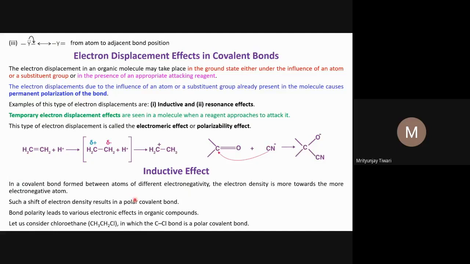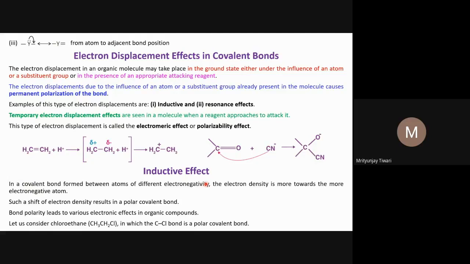In a covalent bond formed between atoms of different electronegativity, the electron density is shifted more towards the atom with higher electronegativity.